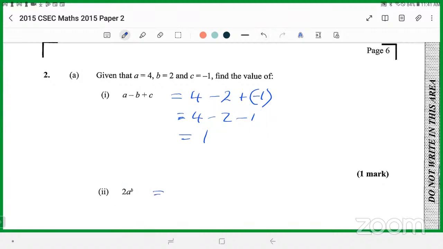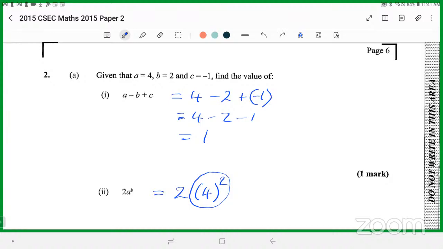This becomes equal to 2 times the A. The A is 4. And you're raising 4 to the power B. And the B is 2. You have to work out this first. Square that first. You can't go multiplying the 2 times the 4, because the 4 is under the square.